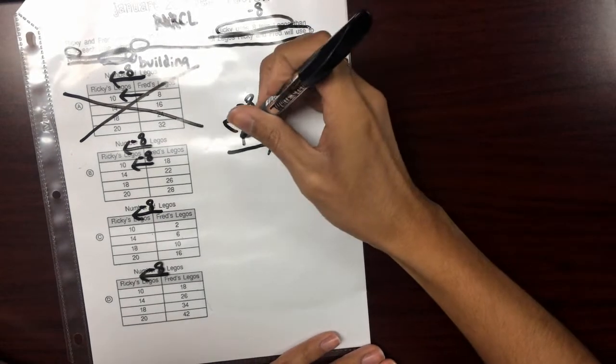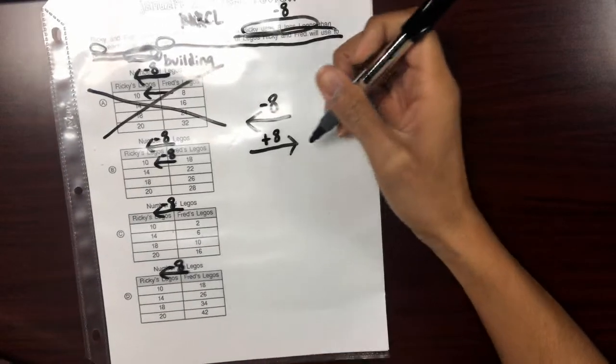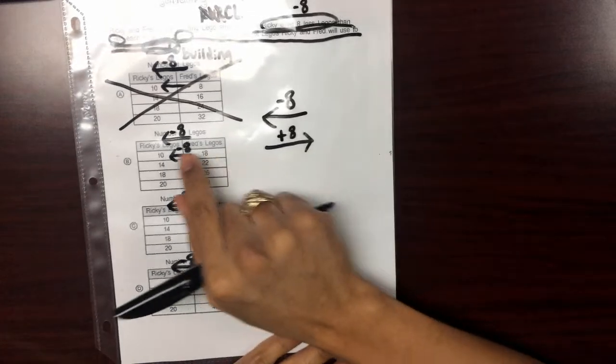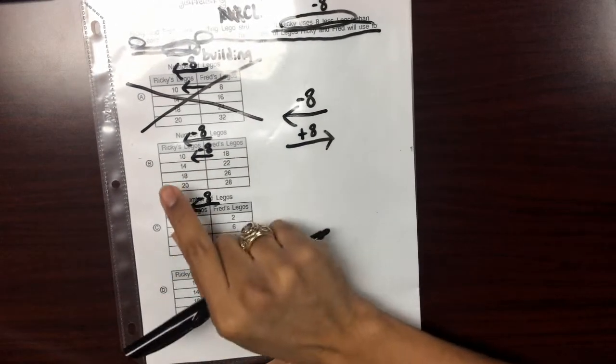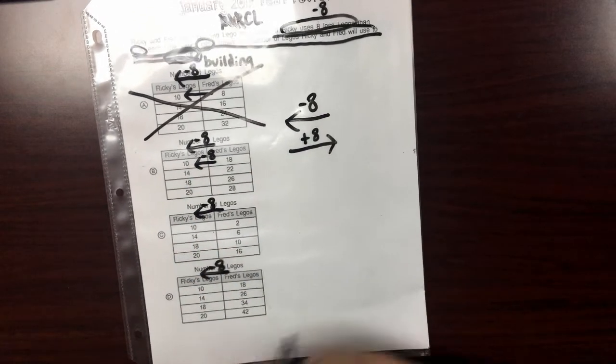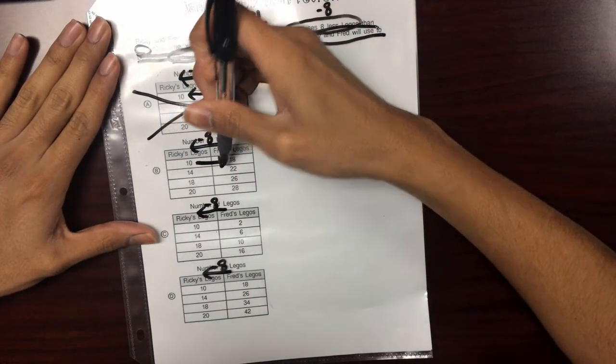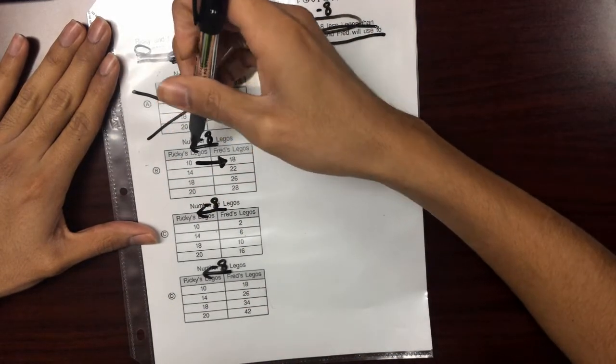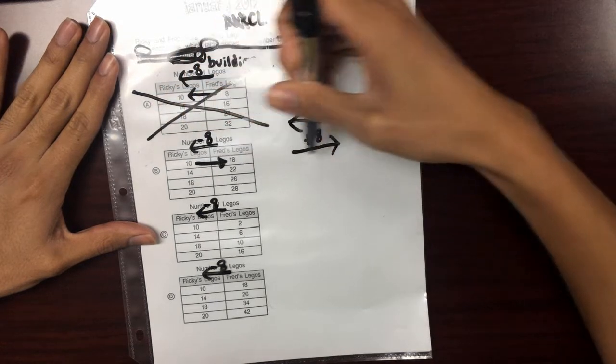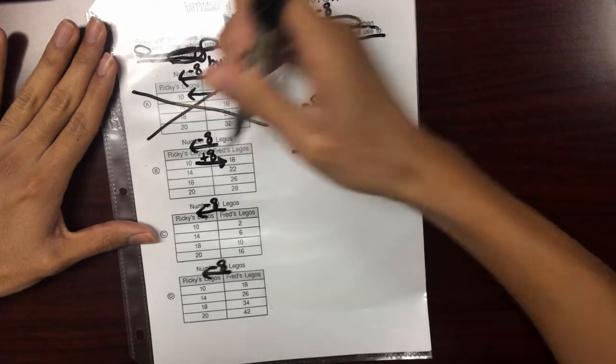I'm just going to write plus 8 because it's the same number. So if going this way is hard for you, you can always go in the opposite direction. I'm going to erase this one, and I'm going to start from Ricky's. And if I'm trying to turn that number into a bigger number, I'm going to add 8 right here.